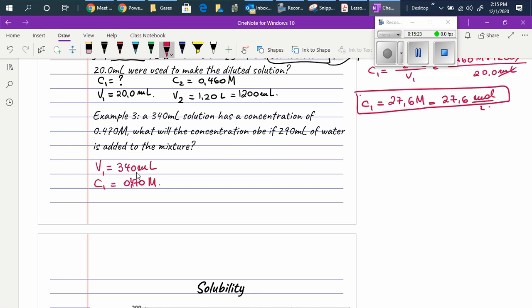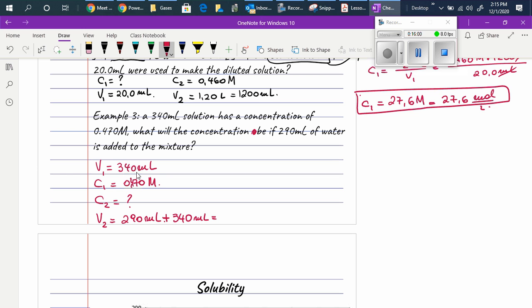We are looking for what the concentration is going to be if volume 2 is 290 milliliters. So you are adding more water into it, but you are adding into the original volume, which is 340 milliliters.